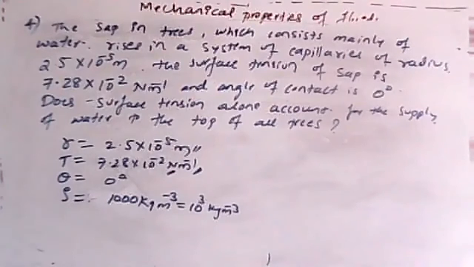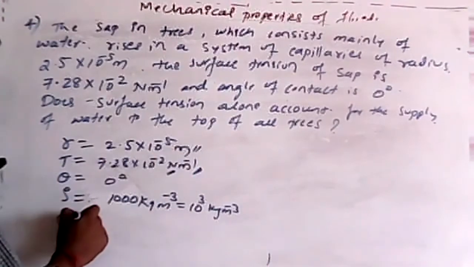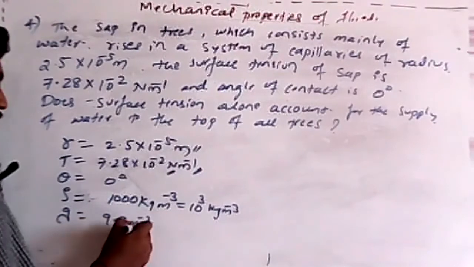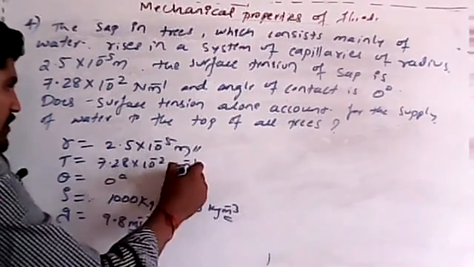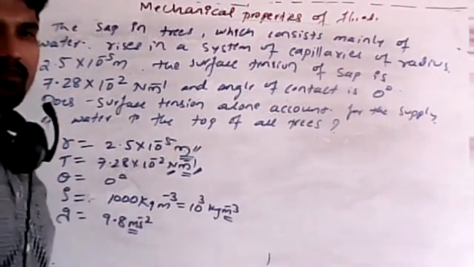R value is also given. G value, you already know, we have to express always in terms of meter per second square. Why? Because meter is there, meter is there, meter is there.